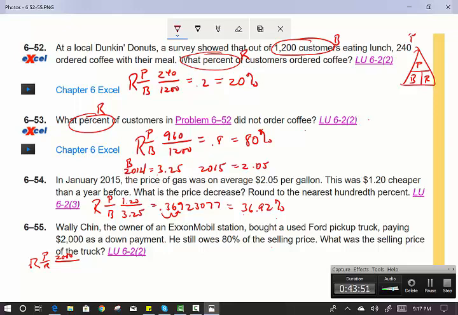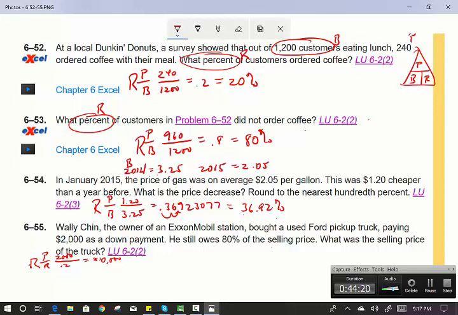80 plus 20 is equal to 100, and so he still owes 80% of it, and he made a down payment of $2,000, which is representative of 20%. So instead of using 80% for the rate, I'm going to use 20%, which is 0.2 after I move the decimal point 2 places to the left. $2,000 divided by 0.2 is equal to $10,000.